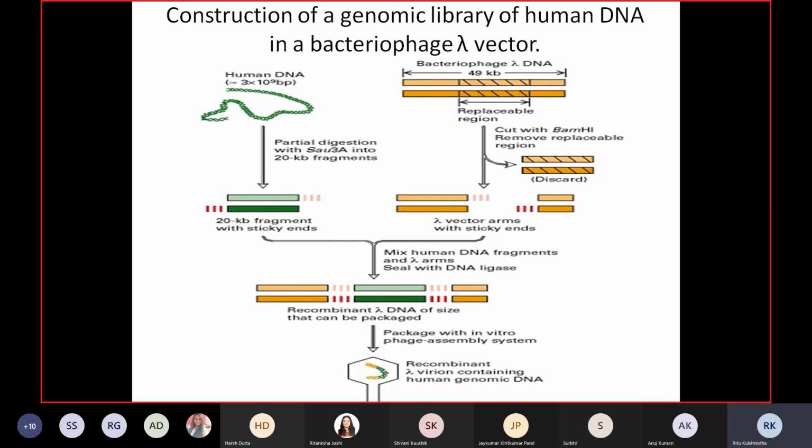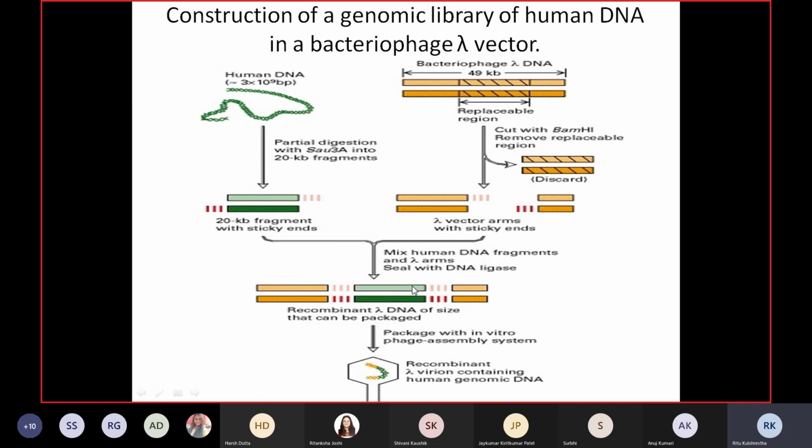A 4-base pair cutter will be much more prevalent throughout the genome as compared to a 6 or 8-base pair cutter. That's why, for more randomness in cutting the DNA, we use a 4-base pair cutter. And smartly, I've chosen a 4-base pair cutter which makes compatible ends with BamH1, which was present on either side of the stuffer fragment.